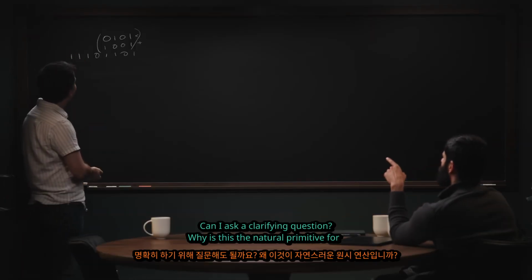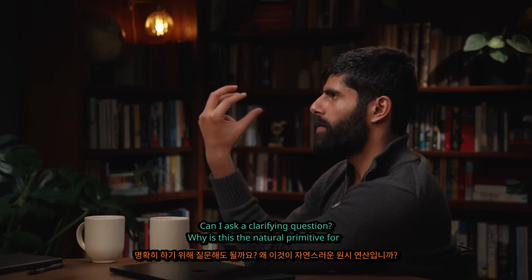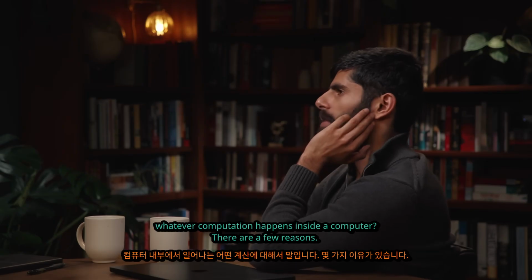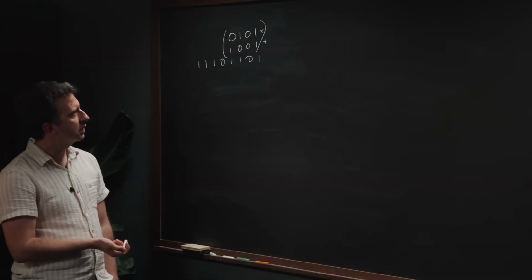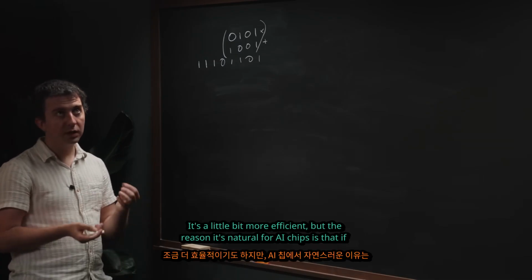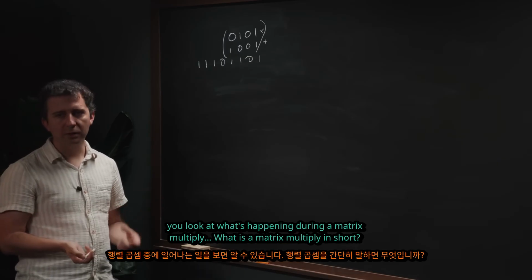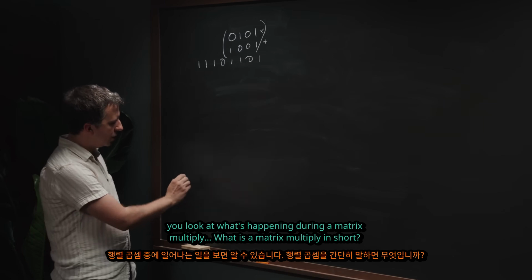And can I ask a clarifying question? Why is this the natural primitive for whatever computation happens inside a computer? Yeah, so there's a few reasons for this. It's a little bit more efficient, but the reason it's natural for AI chips is that if you look at what's happening during a matrix multiply, what is matrix multiply in very short?